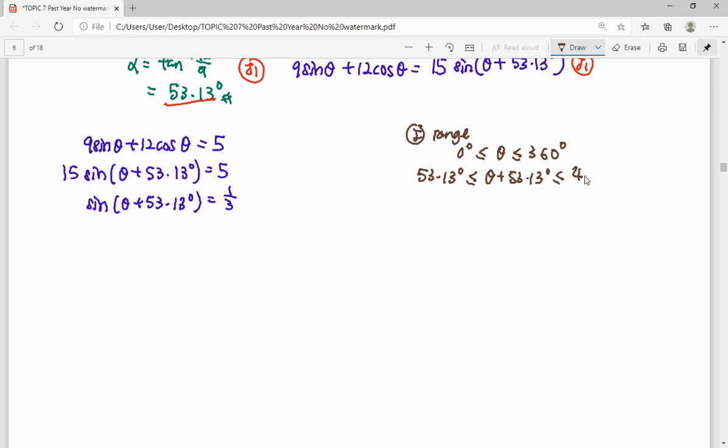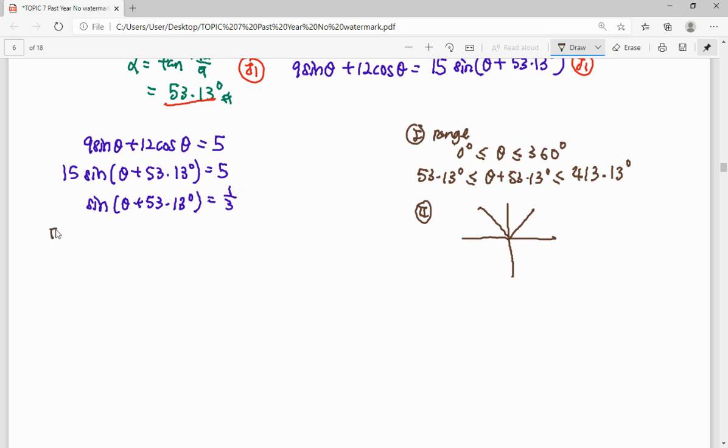It will equal to 413.13. So it will involve one round and more in quadrant 1. Then we go for step 2. Look at our quadrant here. By looking at the value, when we have sine positive value, it will be quadrant 1 and quadrant 2.